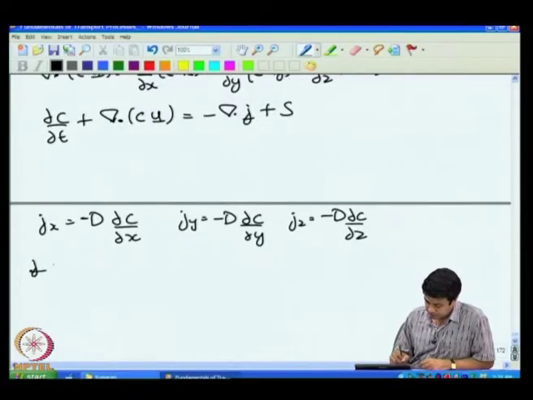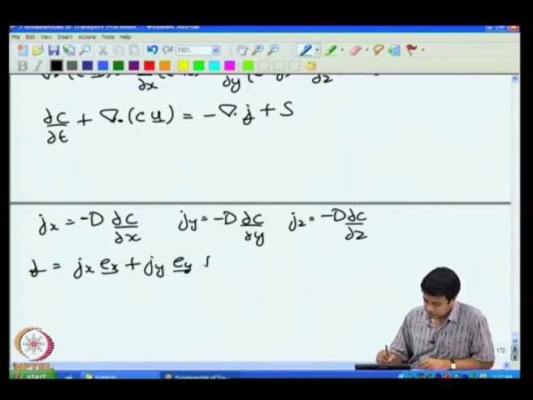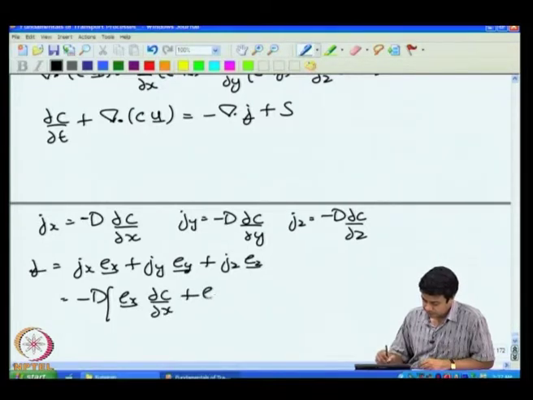Therefore, J vector, which is equal to Jx Ex plus Jy Ey plus Jz Ez, is equal to minus D into Ex dc by dx plus Ey dc by dy.